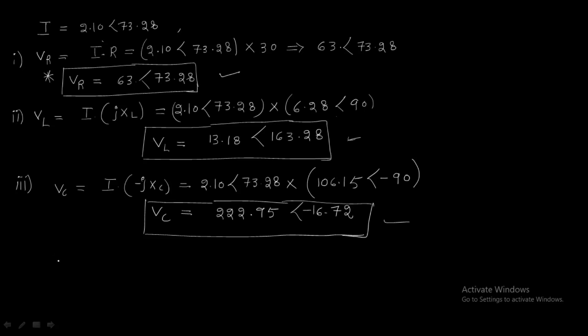In order to check this, just use this formula: the supply voltage is the sum of the resistor drop and the difference between the inductor drop and capacitor drop. Check it. If it satisfies, then your answer is correct. Otherwise the answer is wrong.